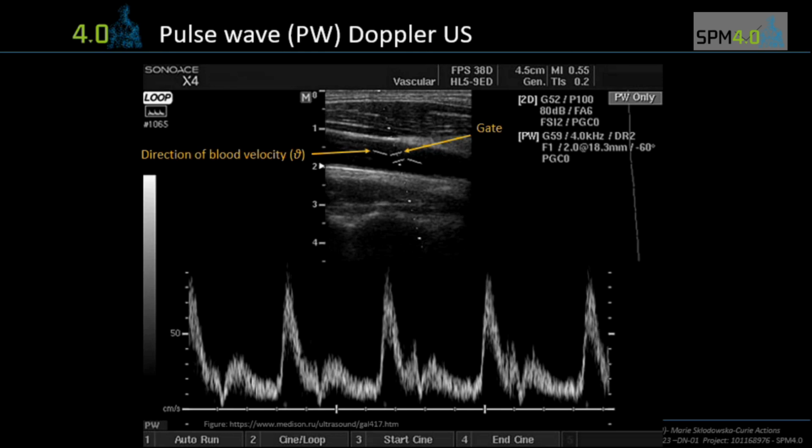You measure kind of an average velocity within this depth range. Yeah, but in different cross sections, in different vessels, it will be different, though.